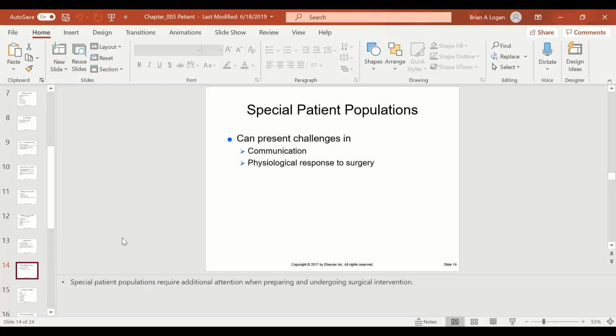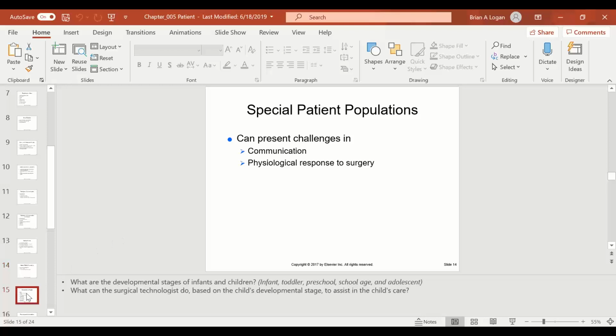We do have some special types of patients. We're going to get to them in these slides, but they can bring up some challenges in your ability to communicate with them, and especially in their response to the surgery that's going to be happening.